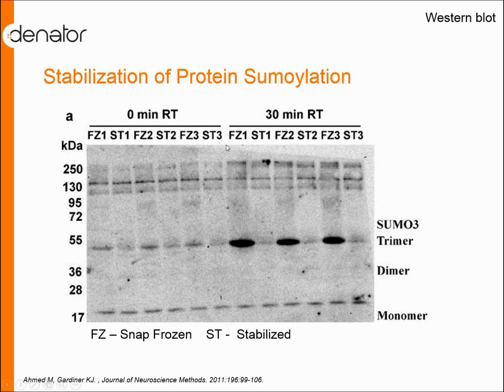If, however, we wait for the 30 minutes to pass, we see that the samples that were 30 minutes on the lab bench followed by snap freezing have much higher levels compared to the samples that were stabilized and then 30 minutes on the lab bench and frozen.